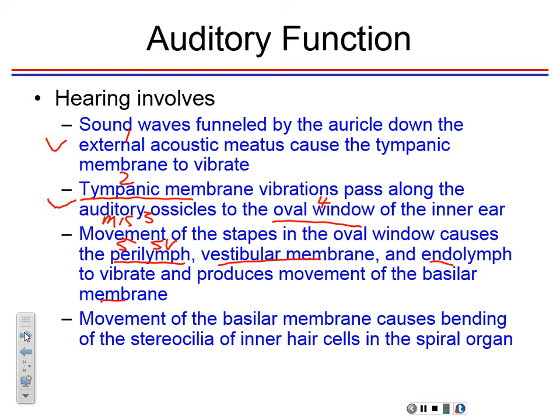And then 6 is the vestibular membrane, because the vestibular membrane demarcates the perilymph from the cochlear duct. Then the endolymph inside the cochlear duct will go, okay? Once the endolymph in the cochlear duct goes, then the basilar membrane vibrates, okay? And then the basilar 7, 8, all right?